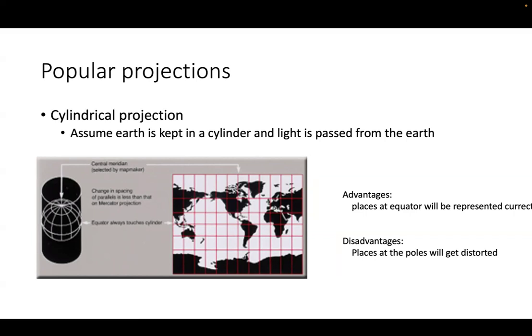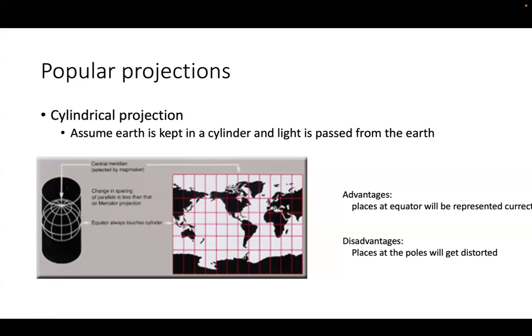Then around the glass earth, put the paper. This is called cylindrical projection because we are covering the earth with the paper. Once we cover the earth, the light comes out and falls on the paper. That generation is called cylindrical projection.